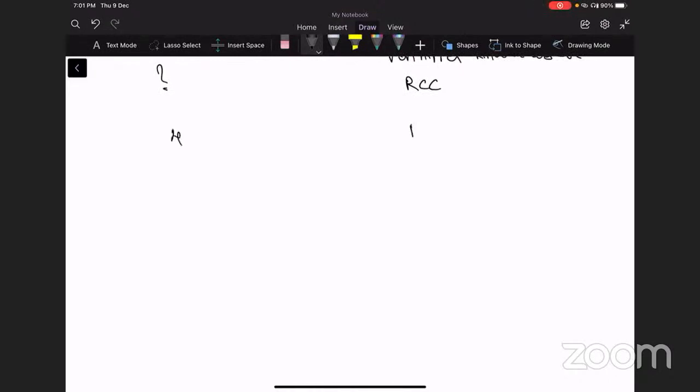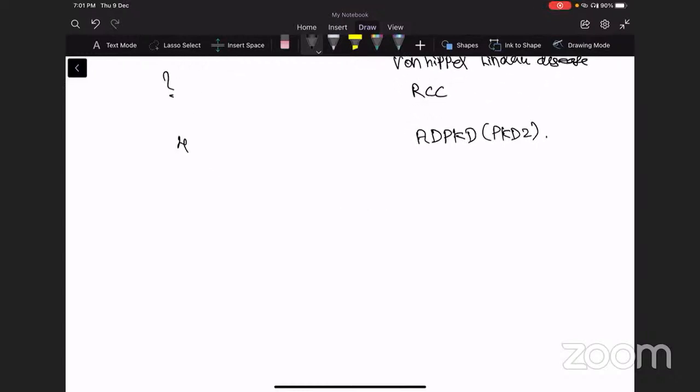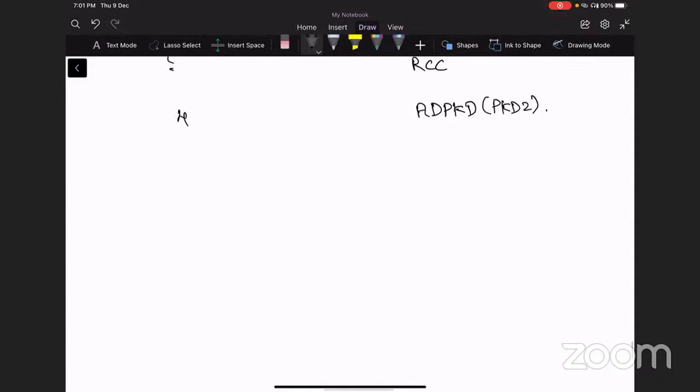Chromosome 4 for ADPKD or the PKD2 adult type, autosomal dominant. 5, Cri du chat syndrome.